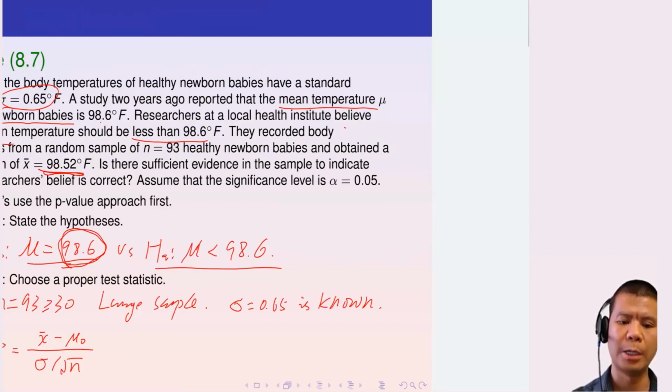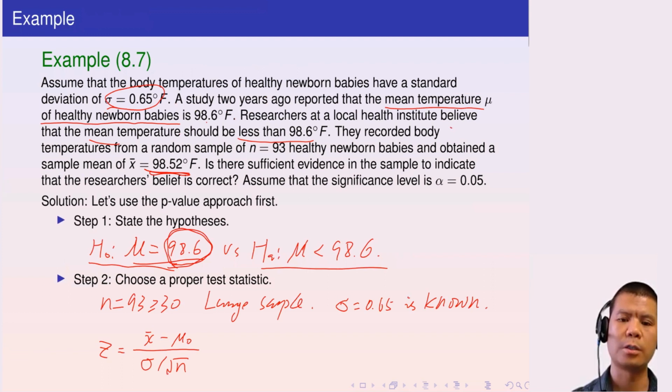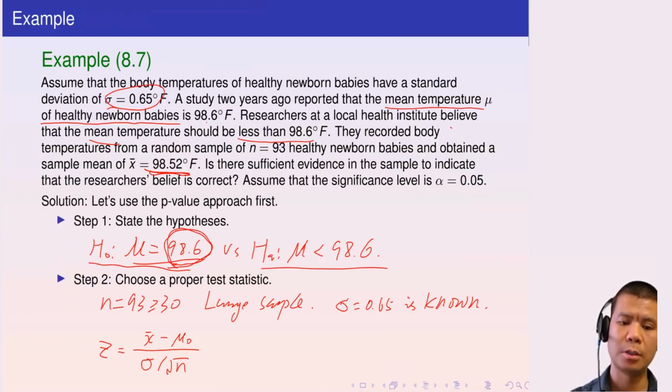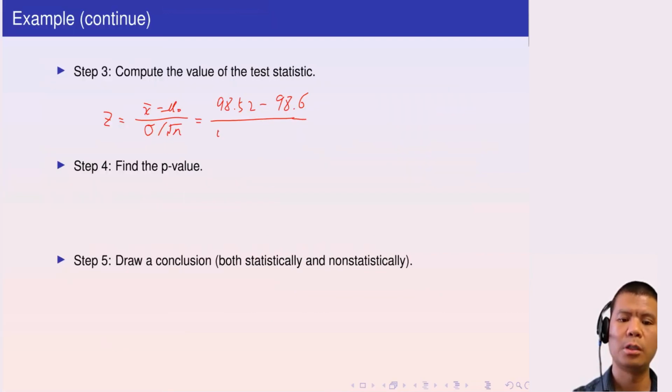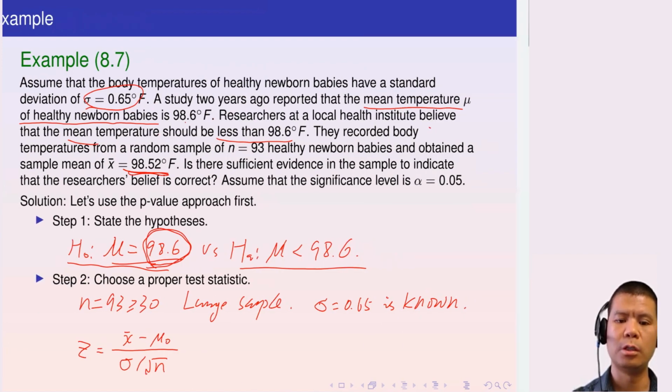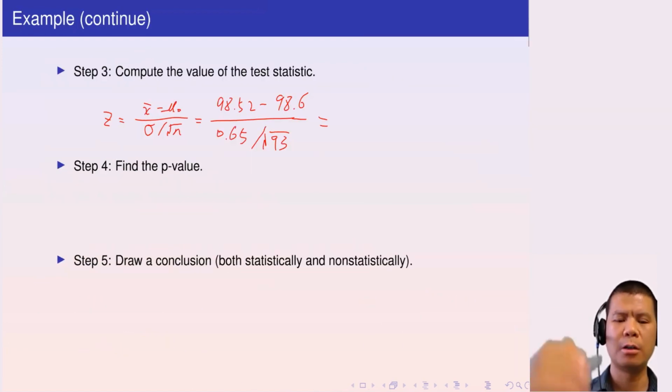Mu 0 is the hypothesis value in H0, so 98.6. And sigma is 0.65, over square root of n, which is 93. So you can calculate this value.